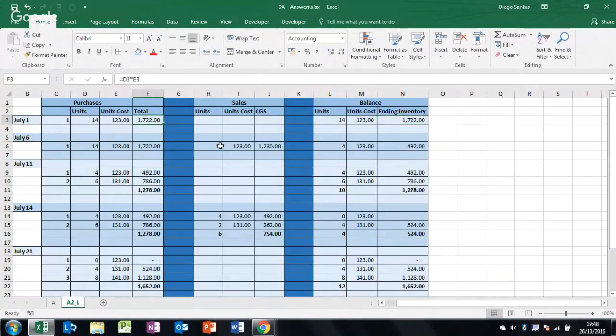For July 6, as we just have one range for our units, just one price, our total cost will be the unit cost multiplied by the number of units.